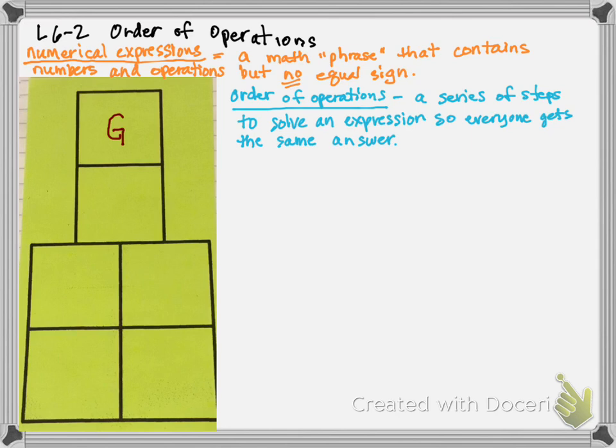So G is the first one. E, for, remember PEMDAS? GEMDAS is what I'm going to call it. And then we're going to do M, D, and then last but not least, we're going to have A and S.